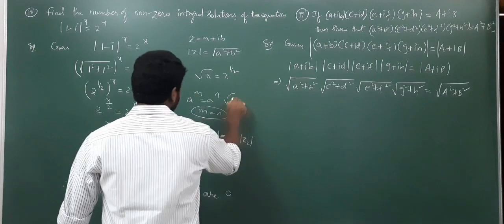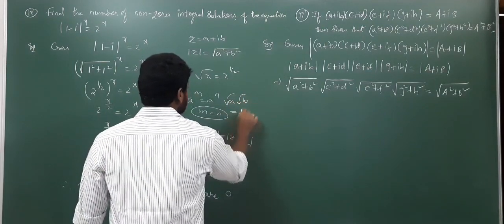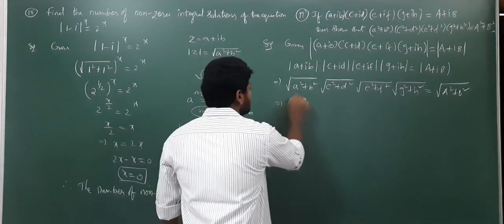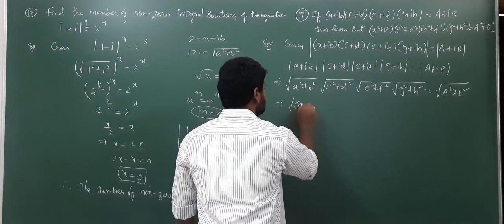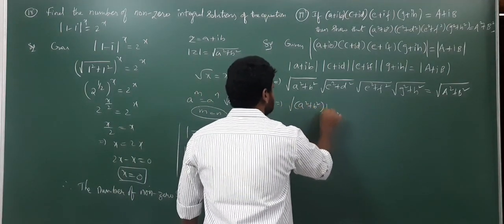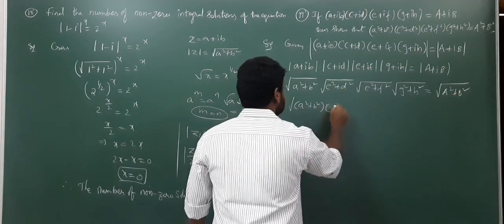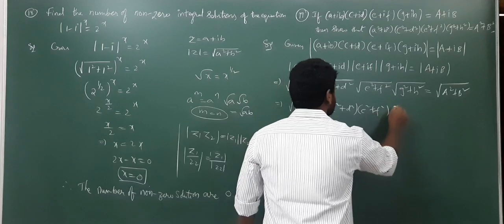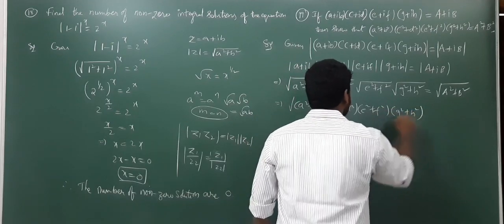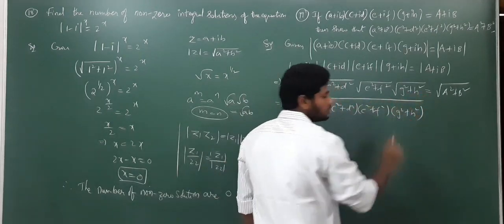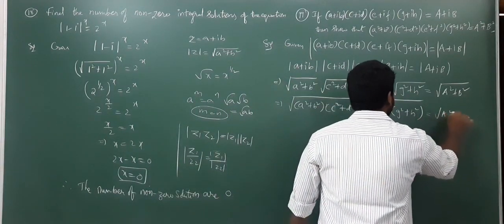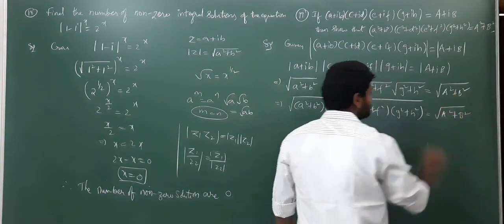So we can write root a into root b as root ab. So here also we can consider in terms of one root, which is a square plus b square into c square plus d square into e square plus f square into g square plus h square. So it comes under a single root, which is equal to square root of a square plus b square.